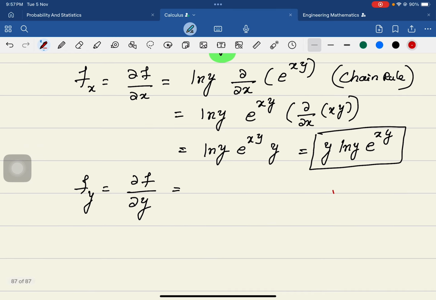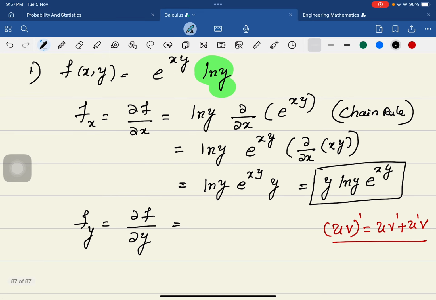What is the product rule formula? (uv)' is given by u times v' plus u' times v. This is the product rule, right? So let us write down clearly.